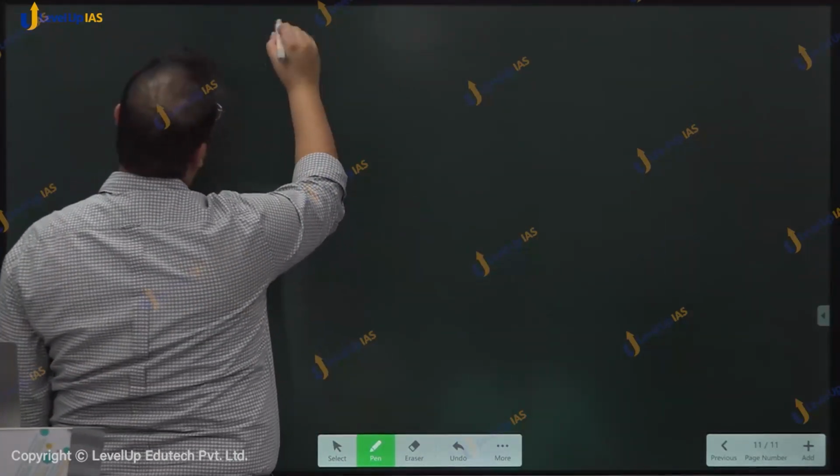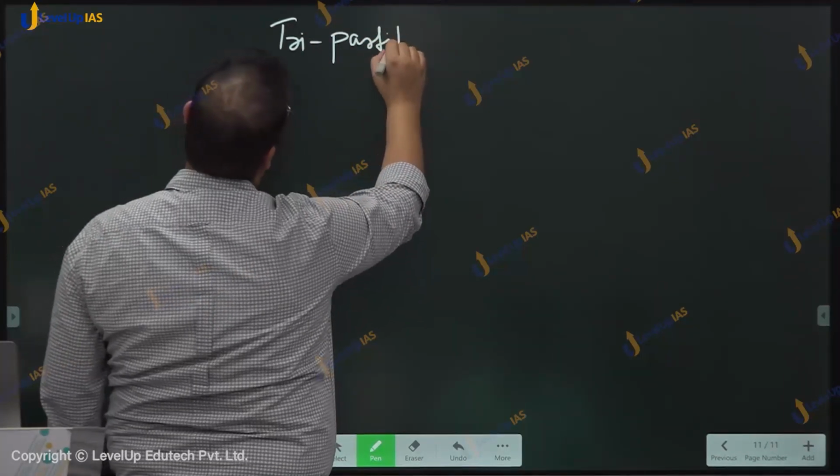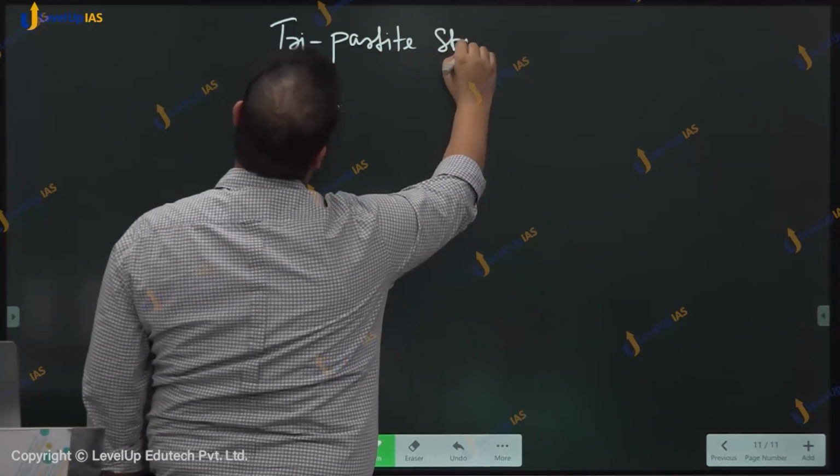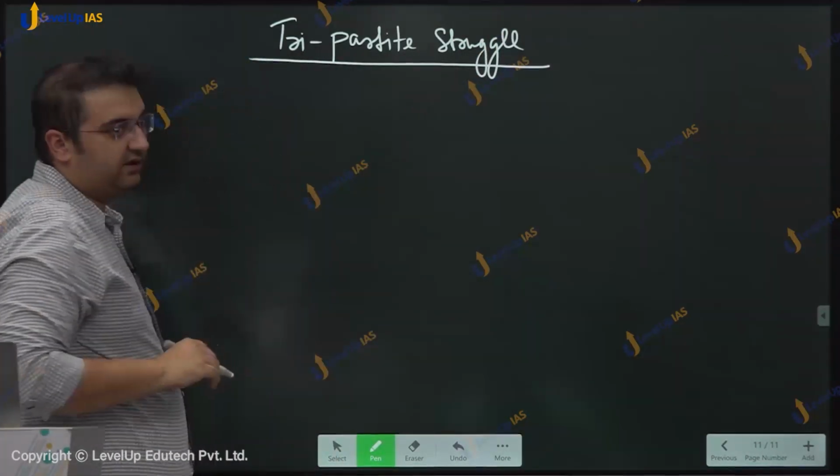Next, continuing with our discussion on early medieval age, our next topic is going to be the tripartite struggle.